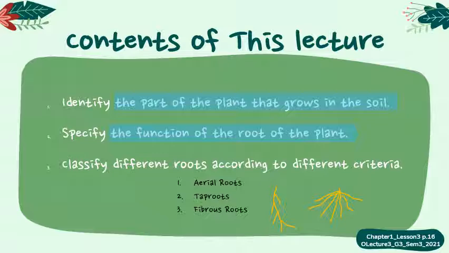A tomato plant and also grass have fibrous roots. Some plants, such as beets, carrots, and radishes, have storage roots. They store food in their roots, and their roots are edible, so we call them storage roots.